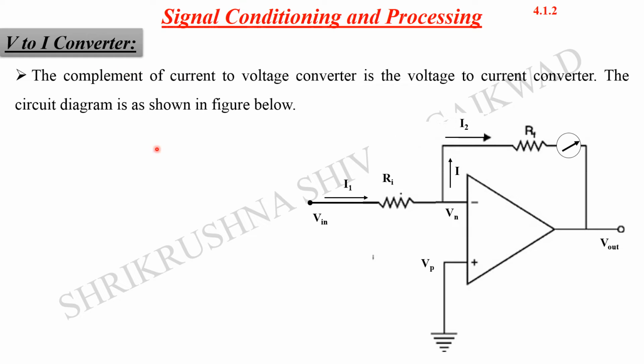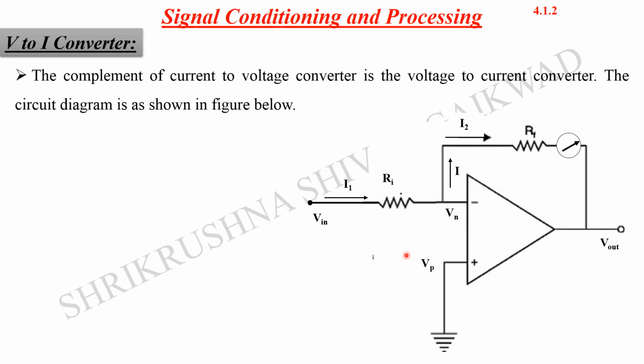Now, complementary to the earlier conversion, that is current to voltage conversion, here we'll be looking at the vice versa, that is voltage to current conversion. The simplest mechanism here is also built using the operational amplifier, that is the voltage to current converter.